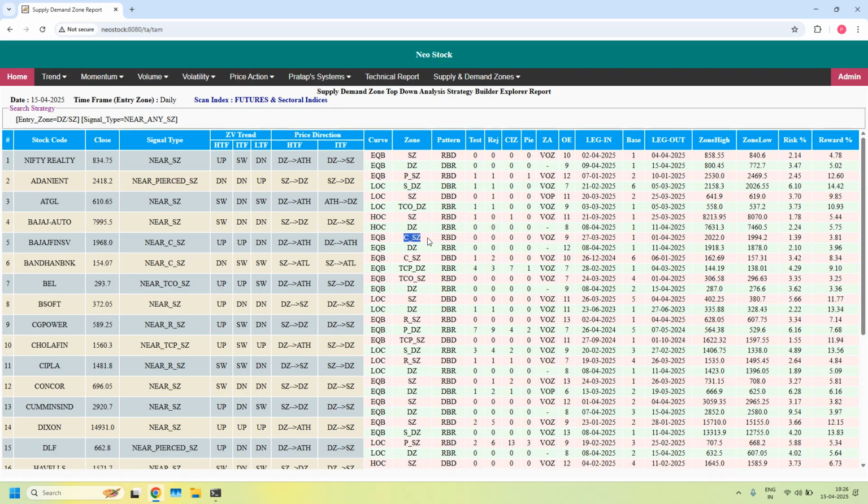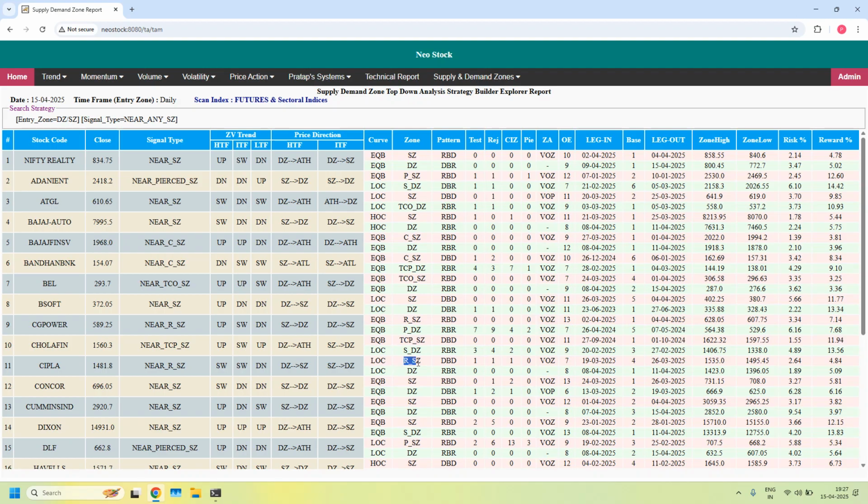Bajaj Finserv is having a daily high liquidity supply zone. Bandhan Bank is having a daily high liquidity supply zone. CG Power is having a daily high liquidity supply zone. Cholamandalam Finance is having a daily high liquidity supply zone. This is also having a demand zone.